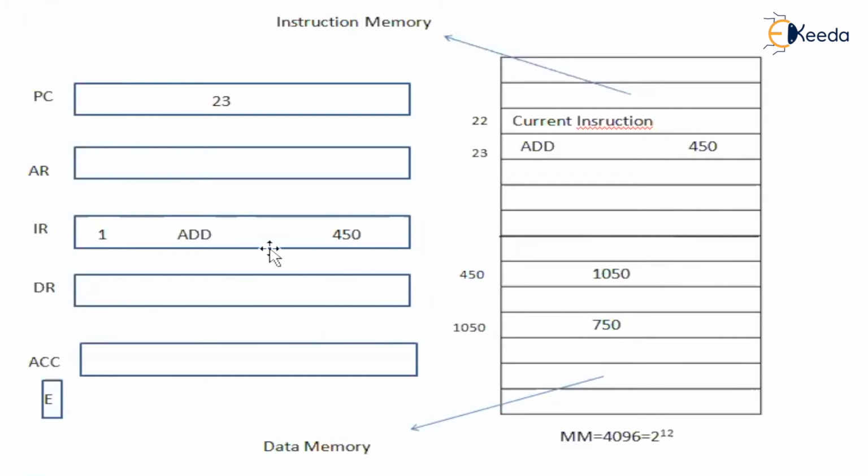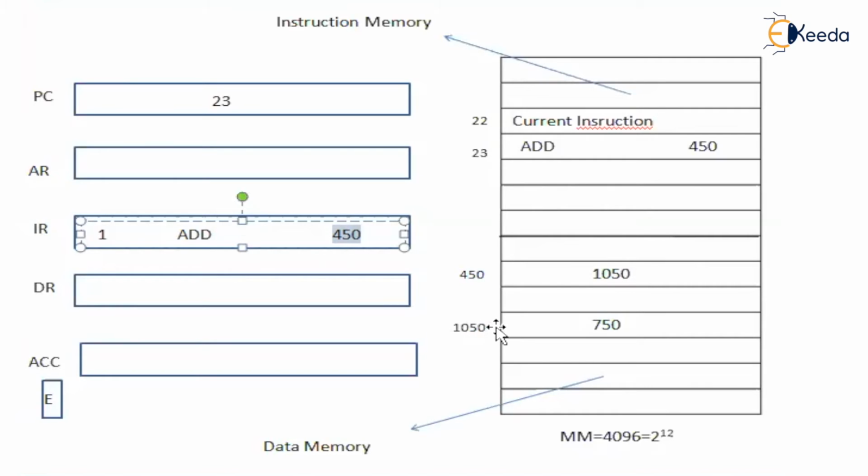In the indirect addressing mode, the address part of the instruction specifies an address of a memory location in which there is another address. So 1050 here is no more an operand, rather it is another address.